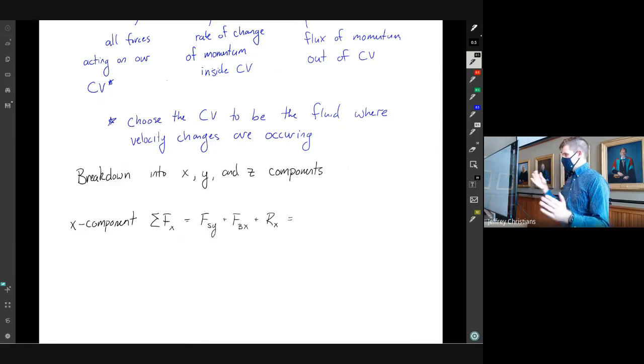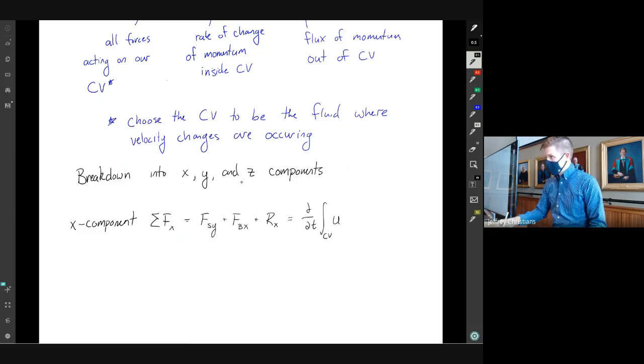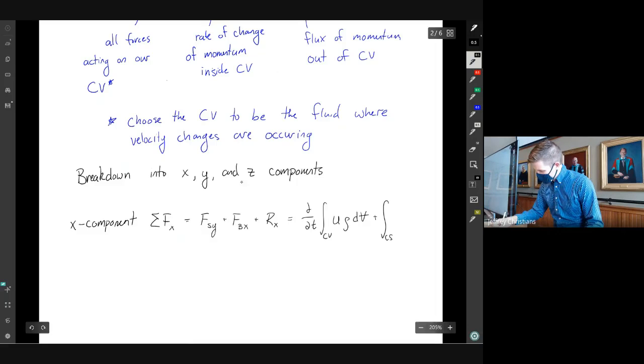So usually there are a couple different types of forces that we might care about. That equals d/dt of the integral, now this is the u component, because that's the x component of the velocity, of u rho d volume, plus the integral over our control surface of u rho V dot dA.